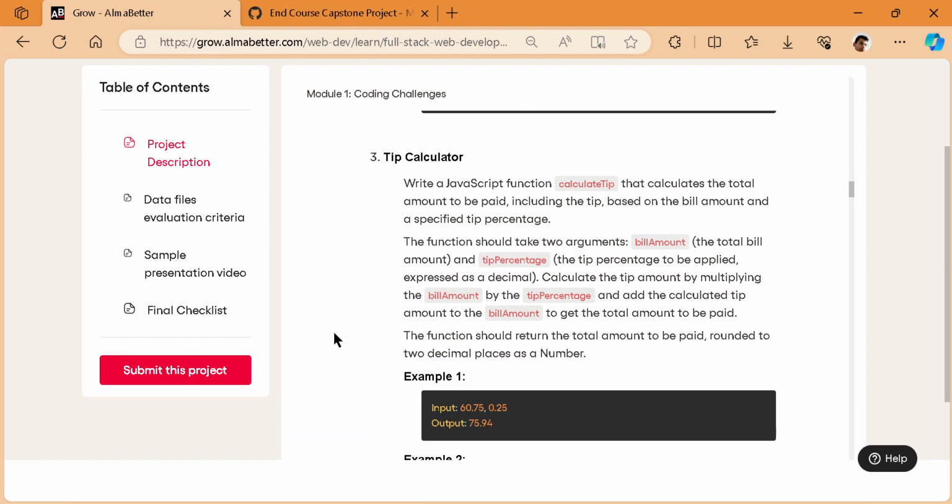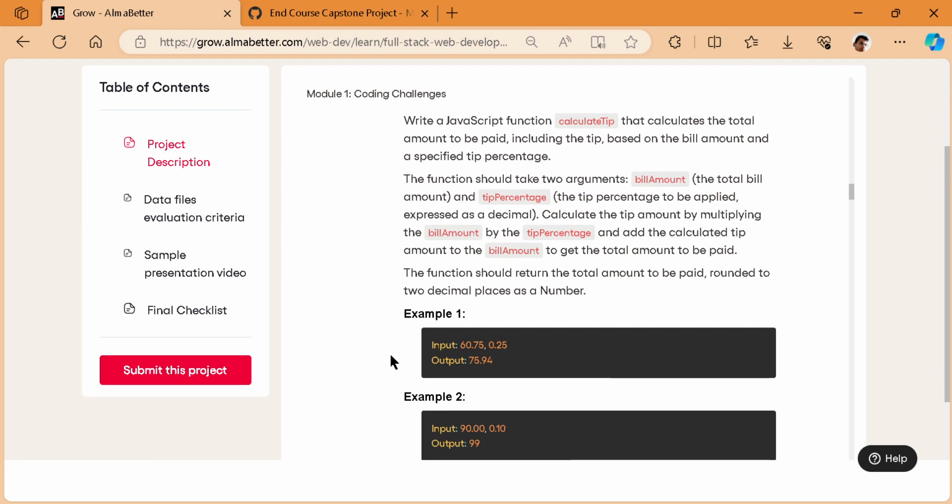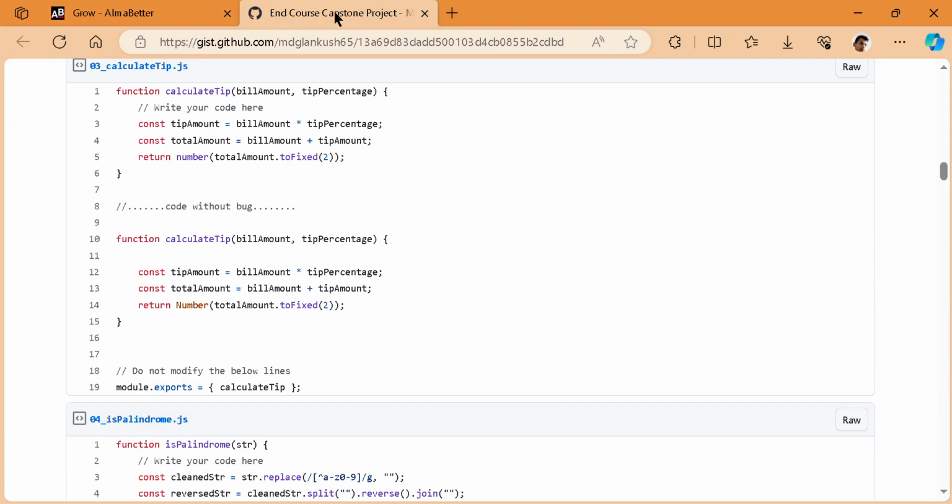Next question is the tip calculator. Write a JavaScript function calculateTip that calculates the total amount to be paid including the tip based on the bill amount and a specified tip percentage. The function should take two arguments, bill amount and tip percentage. We are given the tip percentage and the bill amount, so we have to calculate how much tip we have to pay.